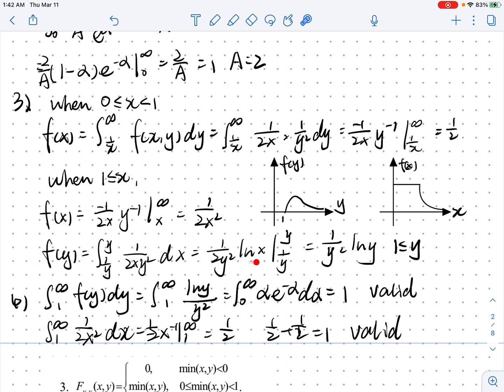So the result should be ln x, with the range from 1 over y to y. So the result is 1 over 2y squared multiplied by 2 ln y. We can eliminate the 2, so the result is ln y over y squared, and y is larger than 1.